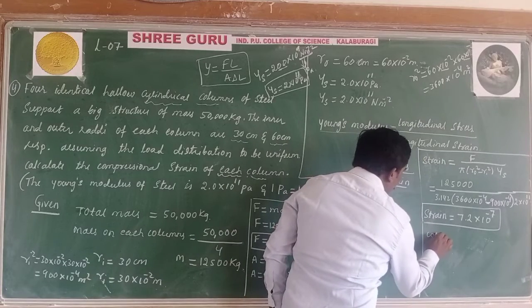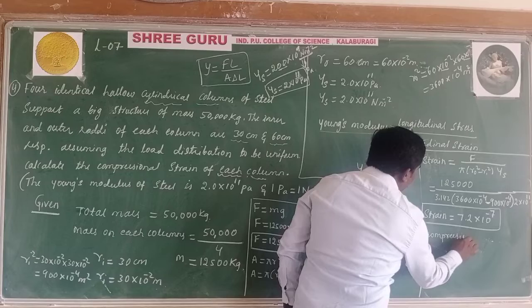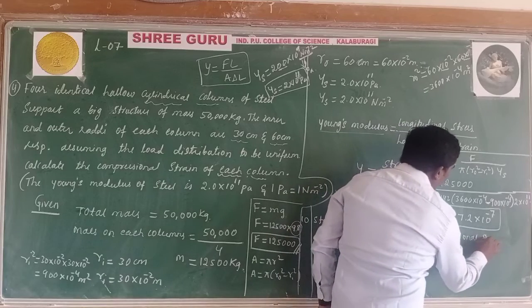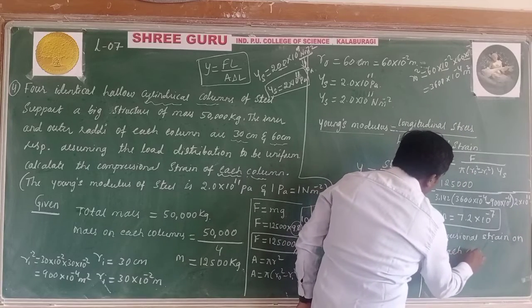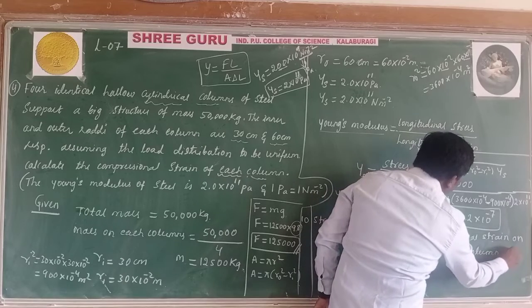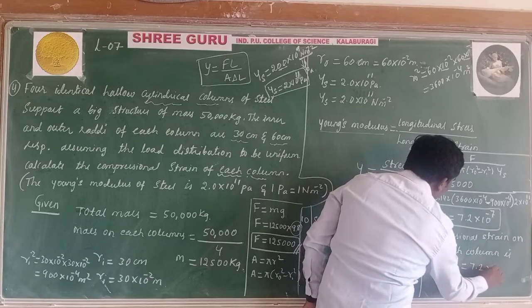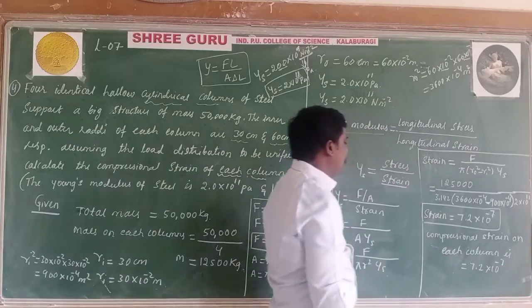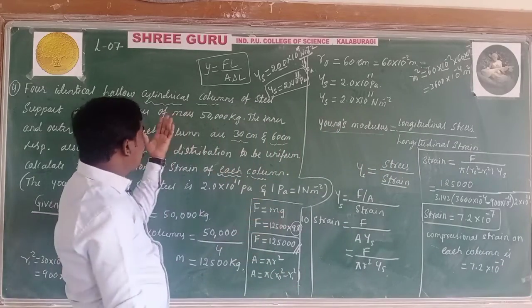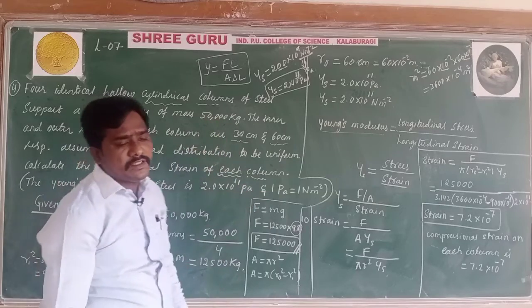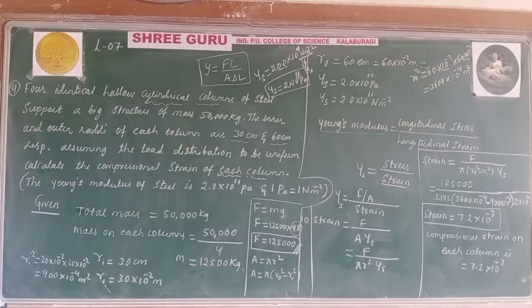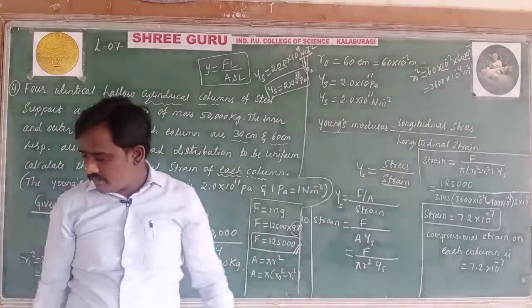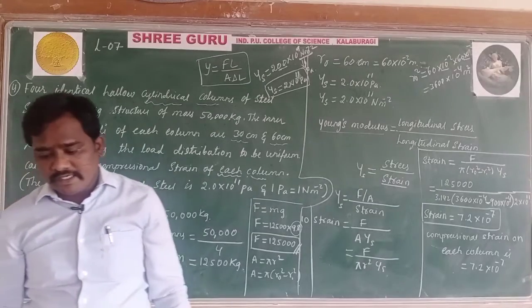This is the compressional strain on each column, 7.2 into 10 raised to minus 7. If you want the total, just multiply by 4, that much compressional strain is acting on the 4 columns. By using the given values, we found the compressional strain on each column is 7.2 into 10 raised to minus 7.